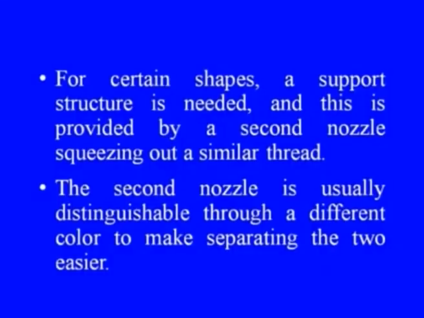For certain shapes, a support structure is needed, and this is provided by a second nozzle squeezing out a similar thread. The second nozzle is usually distinguishable through a different color to make separating the two easier. This we have seen in the previous figure.